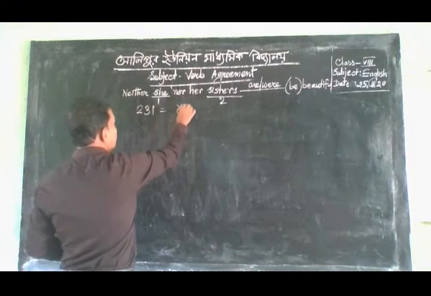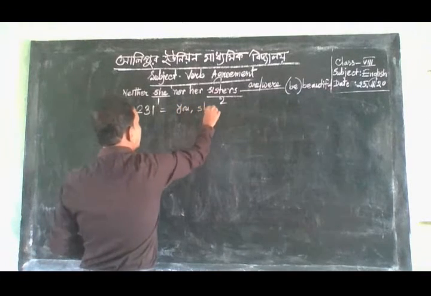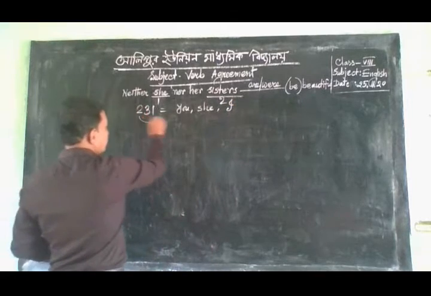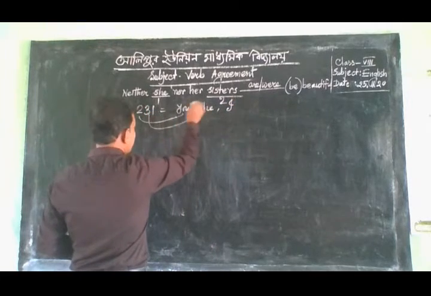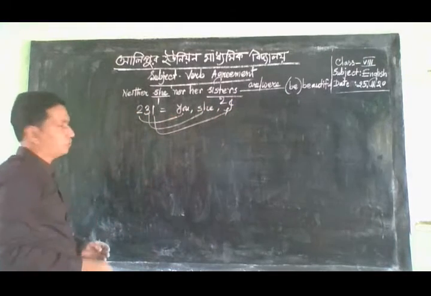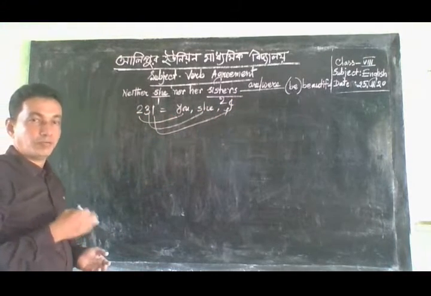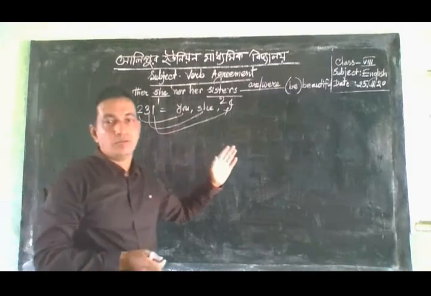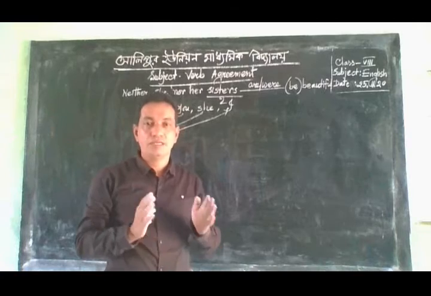That means you, she, and I. You means two, she means three, I means one. This is the rule to write down the subjects in a sentence.